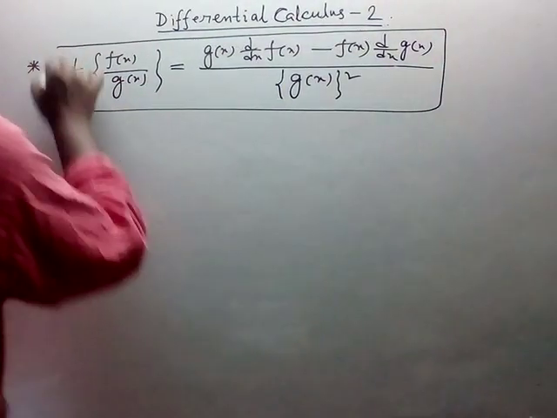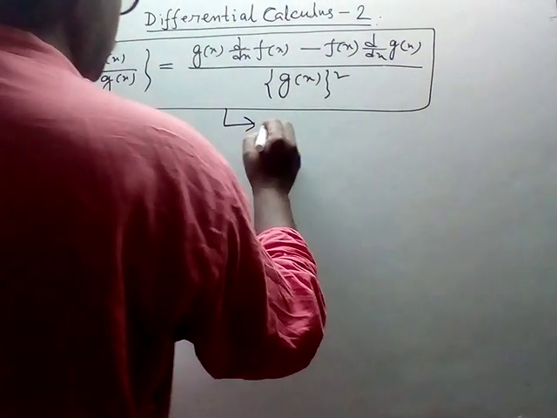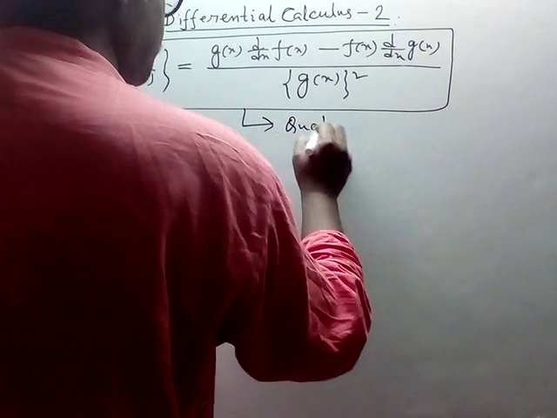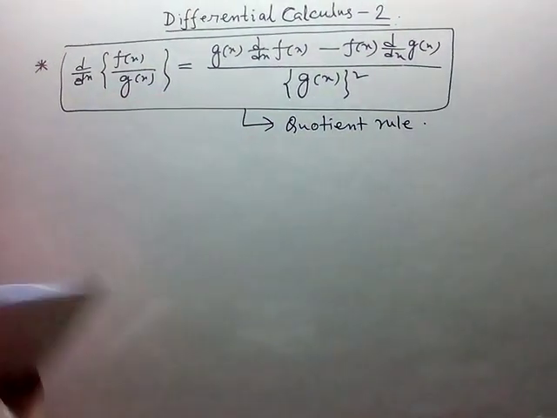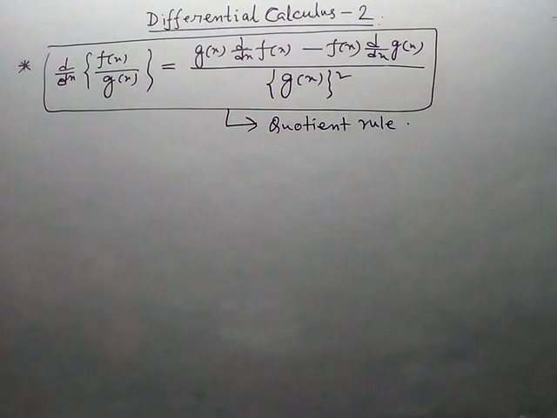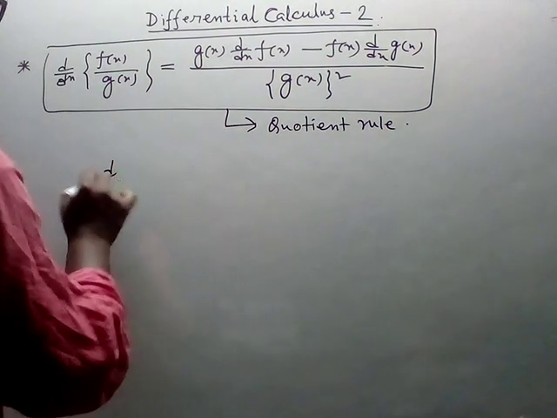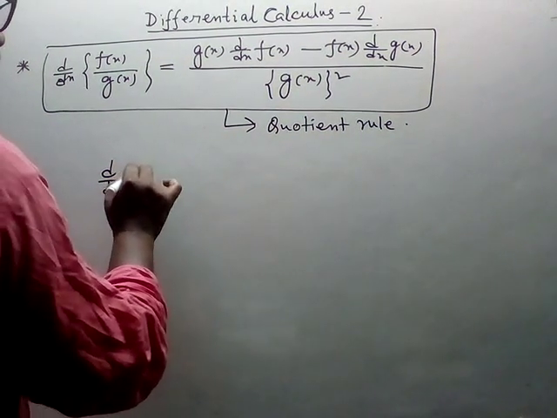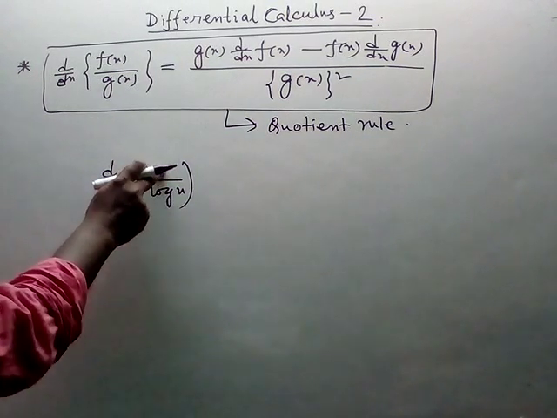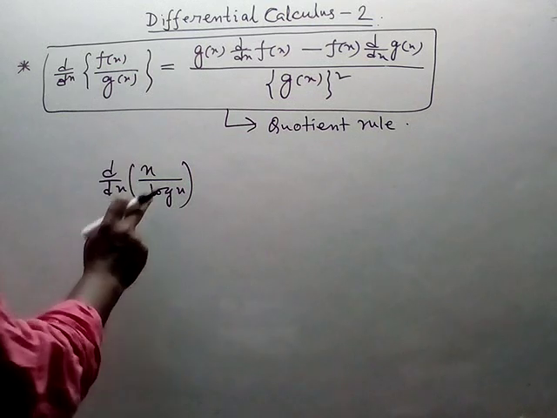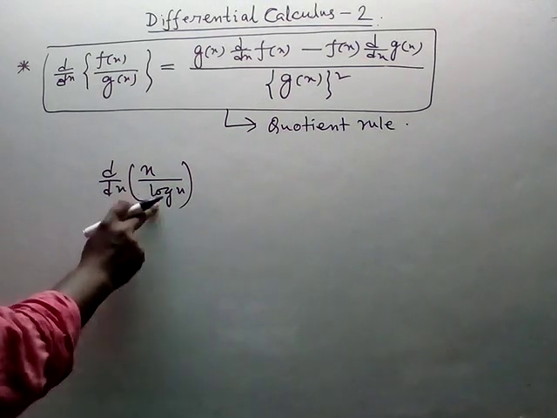This is another rule, called the quotient rule. Now, if we apply this in an example, d/dx of x by log x, suppose, then f(x) is x and g(x) is log x.